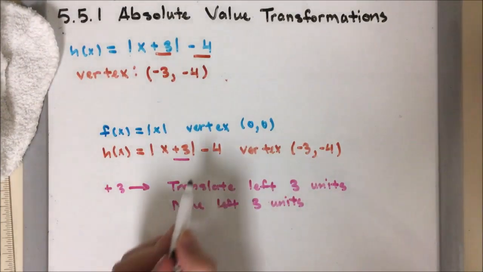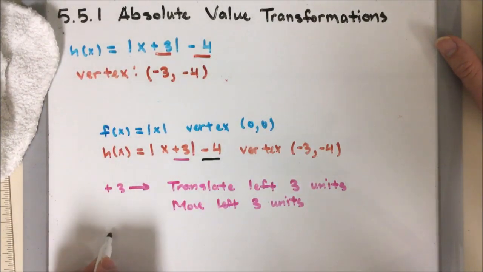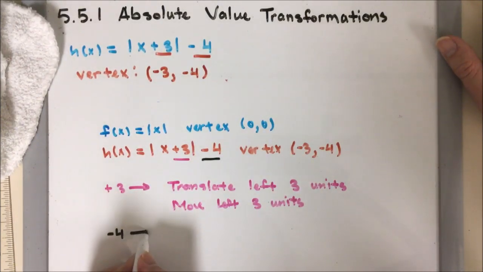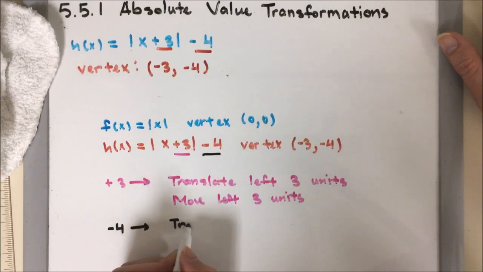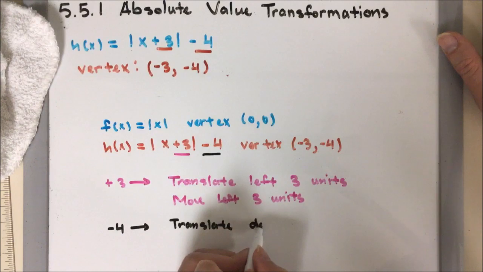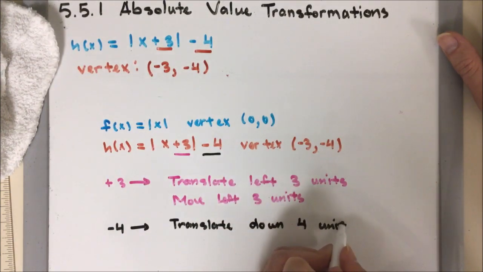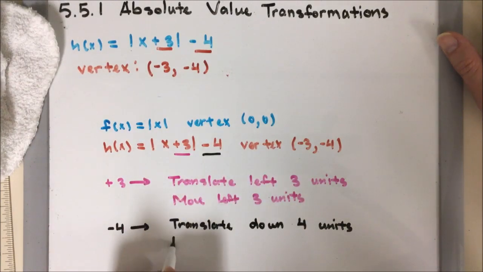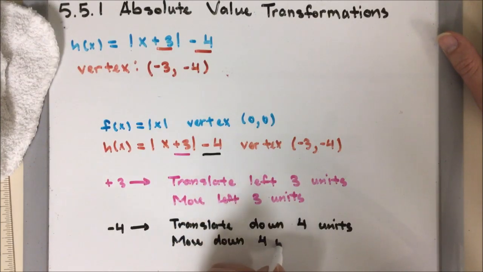Now for the -4, when we were comparing the y values and the graph, if it was -4 behind the absolute value lines, then what happened to the y coordinates in the graph is it translates down 4 units. You can also say move down 4 units.